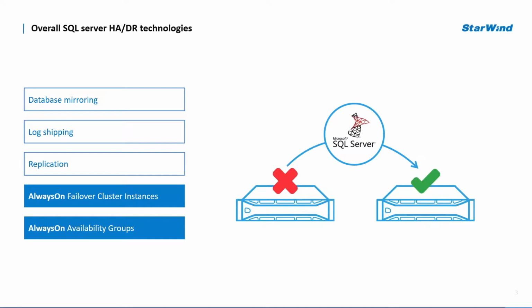Log shipping. I just want to say it is really more of a disaster recovery technology than an HA technology. Log shipping works by taking a database backup and applying it to one or more remote secondary servers. Stored procedures on the primary database are then used to send transaction log backups to the secondary servers.